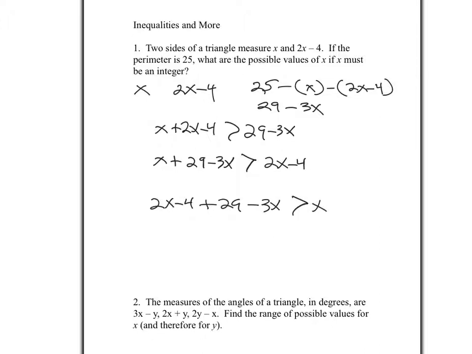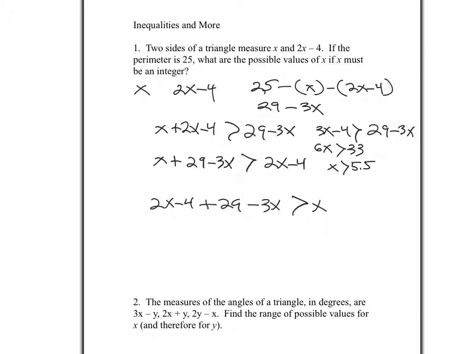All right, so up here when we simplify, we're going to end up with 3x minus 4 is greater than 29 minus 3x. And when we simplify again, we can say that 6x is greater than 33, which is to say that x is greater than 5.5.